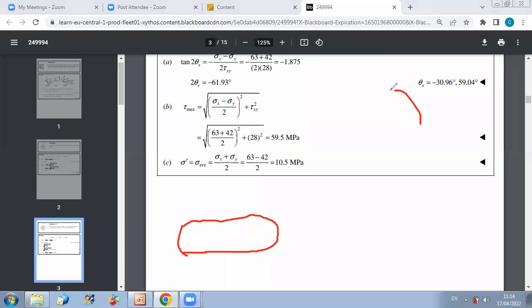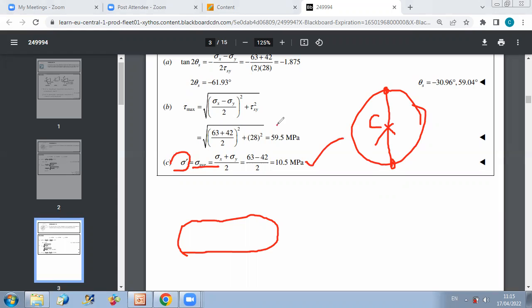If you remember, when we considered the circle, we said that the points corresponding to maximum shear take place at sigma equal to sigma average, which is sigma of C. So the corresponding normal stress is simply equal to sigma average, which equals sigma x plus sigma y over 2, and you can calculate it.